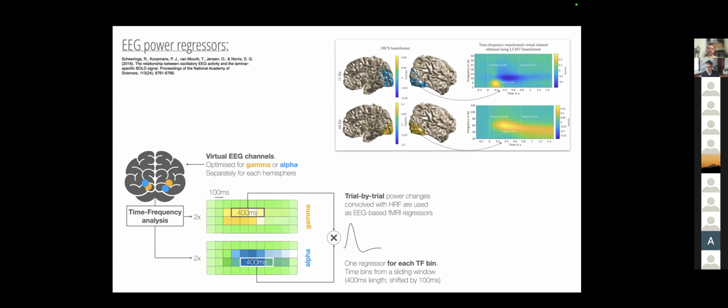At the very first version of this analysis, we had the idea of modeling V1, V2, V3 for EEG as well, because we could just select V1, V2, V3 from fMRI and then compute the virtual electrodes there. We had an extensive discussion with Robert Oostenveld about this topic, and he asked, are you assuming you can functionally differentiate those regions in EEG? We said, no. And then he asked, why are you trying to differentiate?